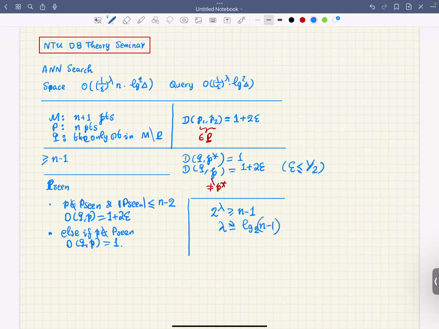Suppose this is saying 1/epsilon to the power of lambda minus 1 is necessary. You see what I'm saying? For example, if some of you dare to claim that you have another algorithm that can do 1/epsilon to the power of lambda/2, you improve this power on lambda by half. Okay, lambda/2.